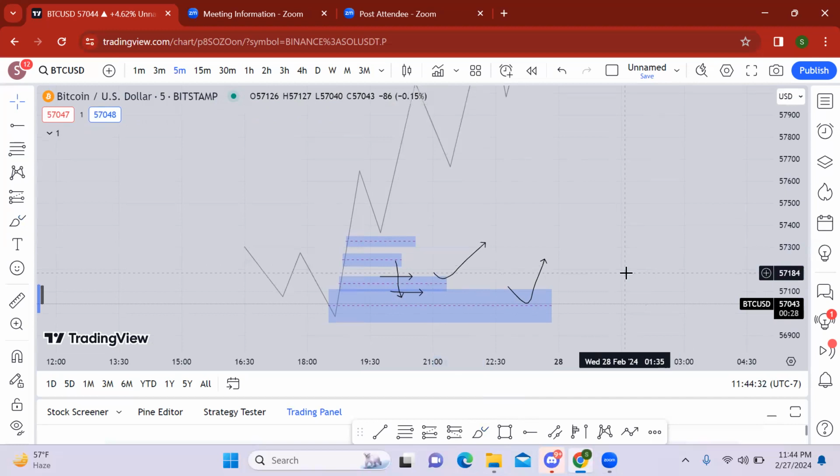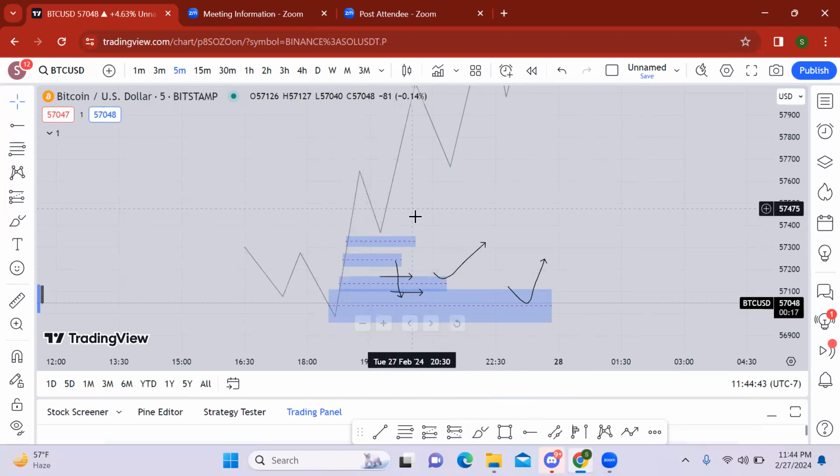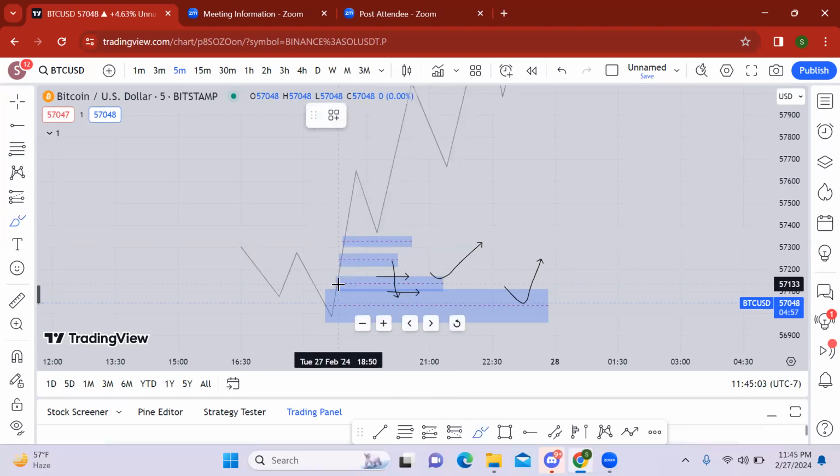I marked the right imbalance. Second, if price touches my imbalance and reacts here, it didn't fill the whole imbalance, it goes up on that bounce, I book my profits quickly, like 0.5 R on average, because I know that this imbalance isn't filled yet.